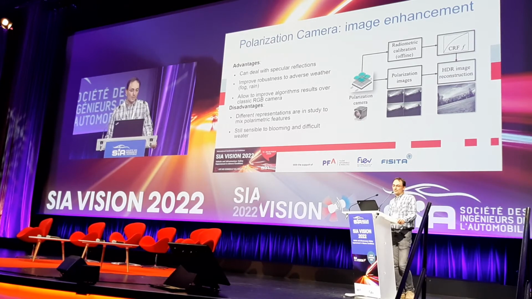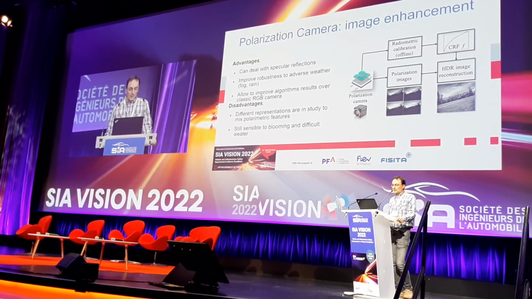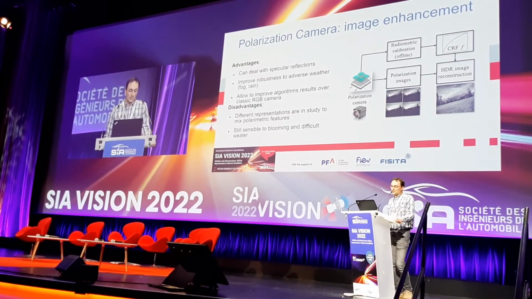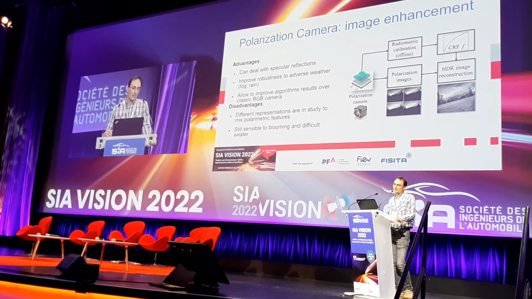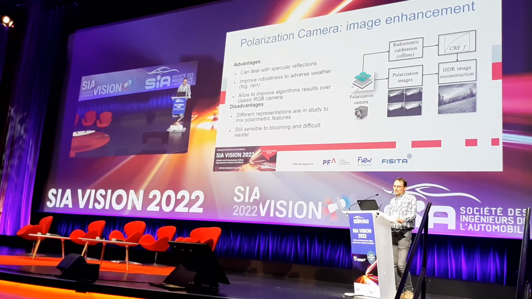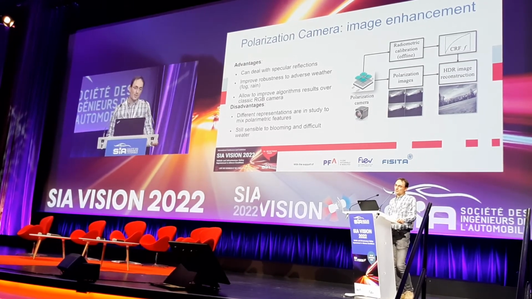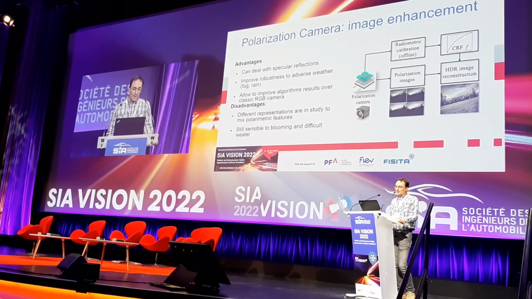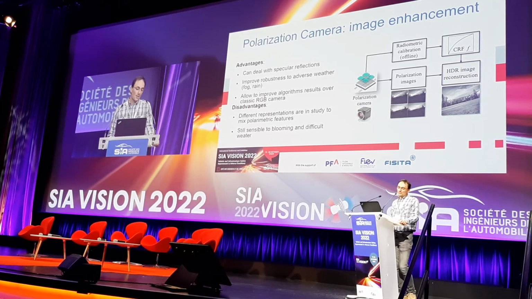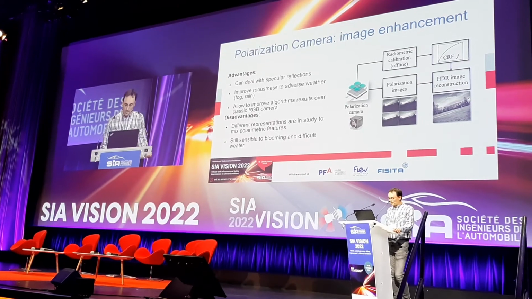It allows better robustness to adverse conditions, adverse weather, and improves classic vision algorithms because we have a better entry point. So it is still in study. You have different representations for the polarization features, and still it is not perfect. It can still be sensitive to blooming and very difficult weather.